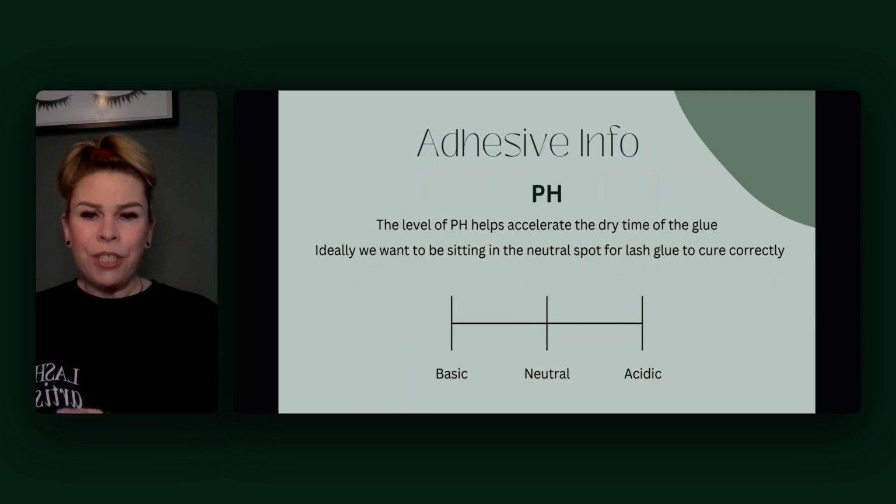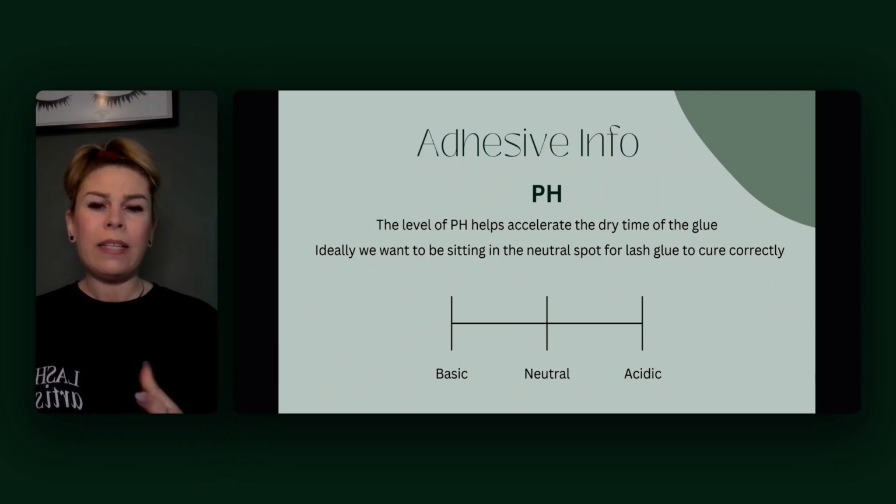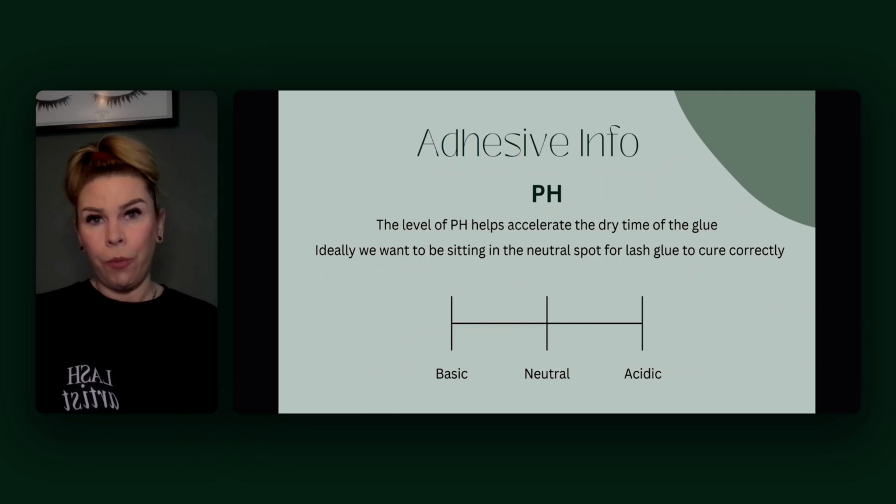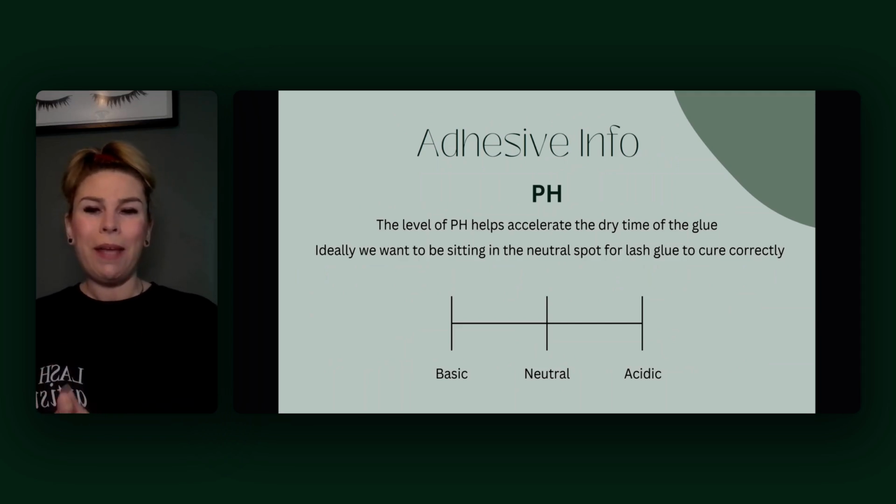The level of pH will help accelerate the dry time of the glue. So sometimes this is a good thing, sometimes it's a bad thing, sometimes it's something that we want, and we do things to adjust the pH balance in our glue so it dries faster.